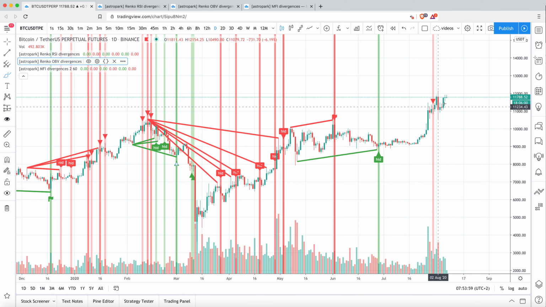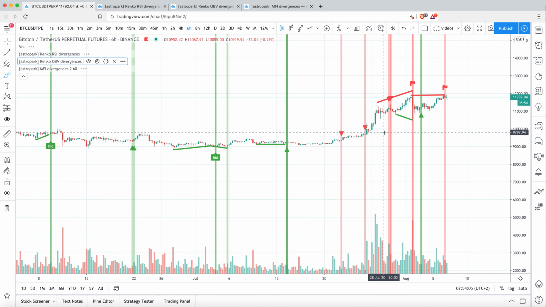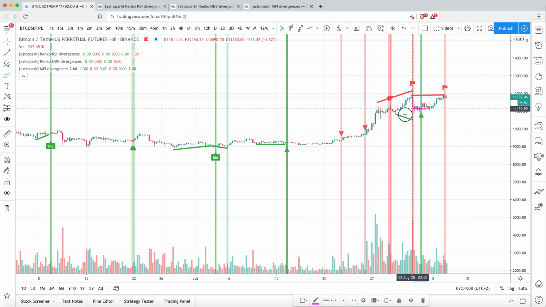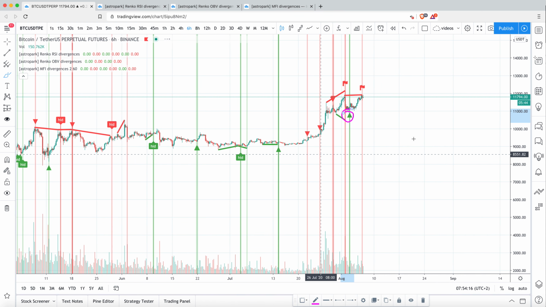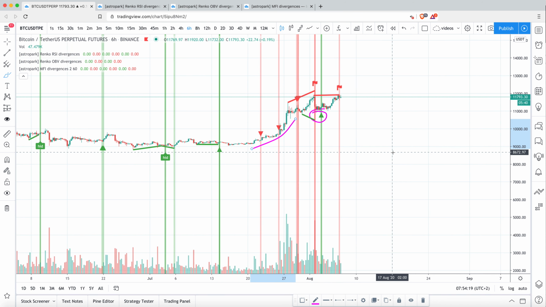I mean, price continued creating this. Maybe we could see exactly another resistance, another bullish divergence. So when you go up, this is what I meant.